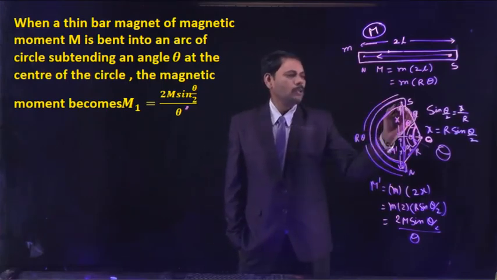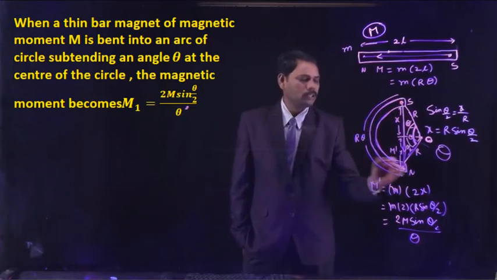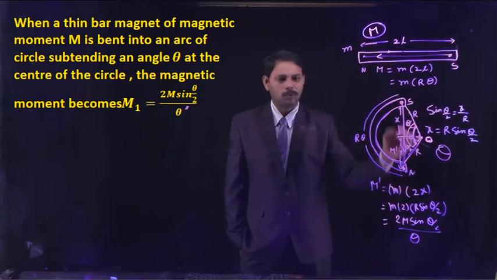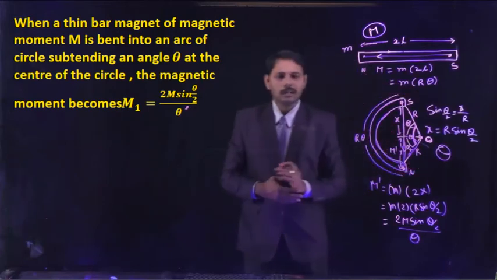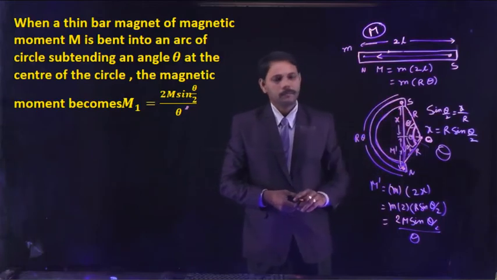Here the south pole is at this position for this arc shaped magnet, and the north pole is at this position. Draw a straight line joining the south and north pole. This is the distance between the two poles of the curved magnet. Let this distance be 2x.